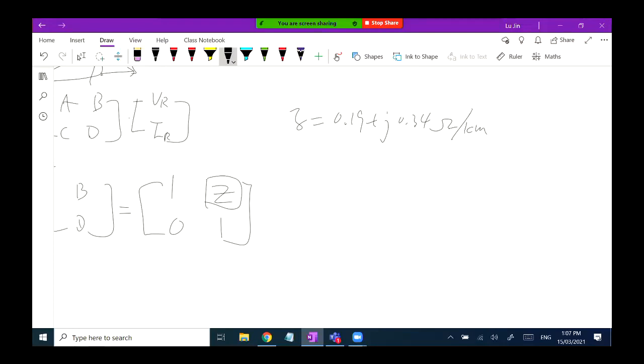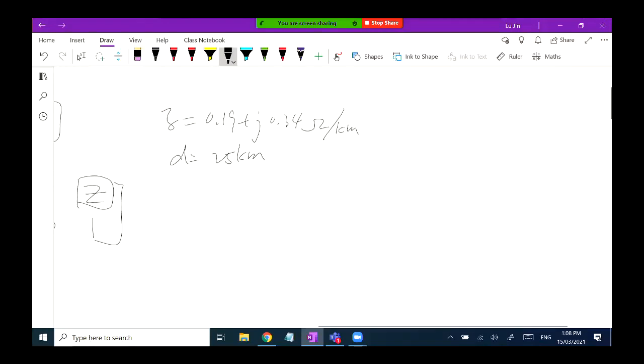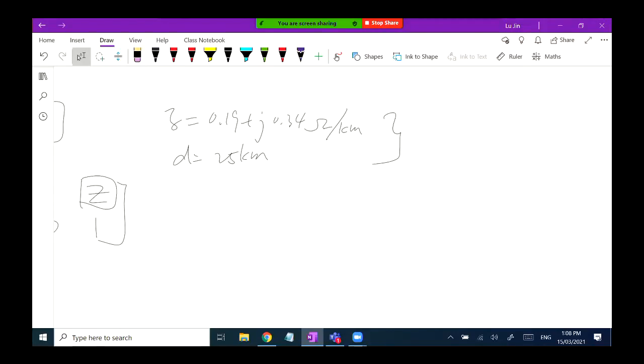We also know the transmission distance D is 25 kilometers. So the total impedance for the whole 25 kilometer line is equal to Z multiplied by the transmission distance. I didn't do the calculation myself, so I copied this from our solution.